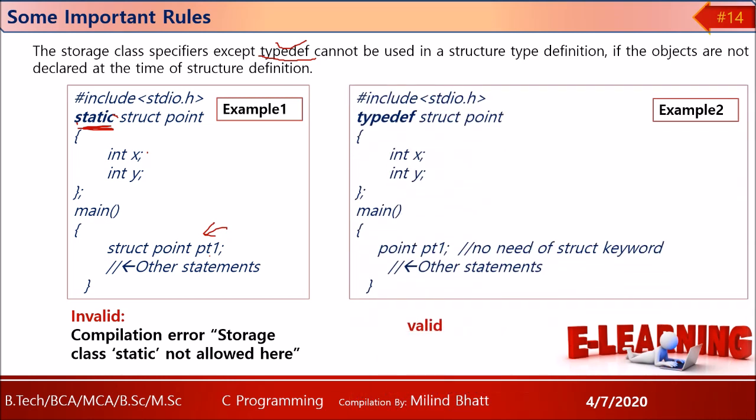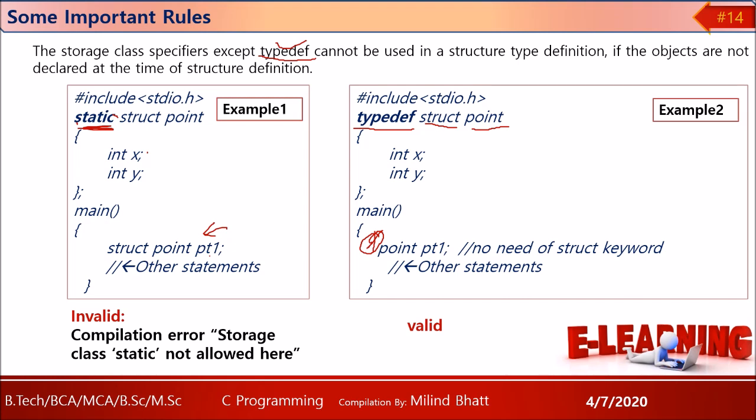Include stdio.h, typedef struct point with x and y, two members of it, and inside main I am creating an object of this structure point as pt1, and this is a valid one. Keep in mind also that here I have used typedef, then the struct keyword, and then point. And see, something is missing. What is missing? The struct keyword before the name.